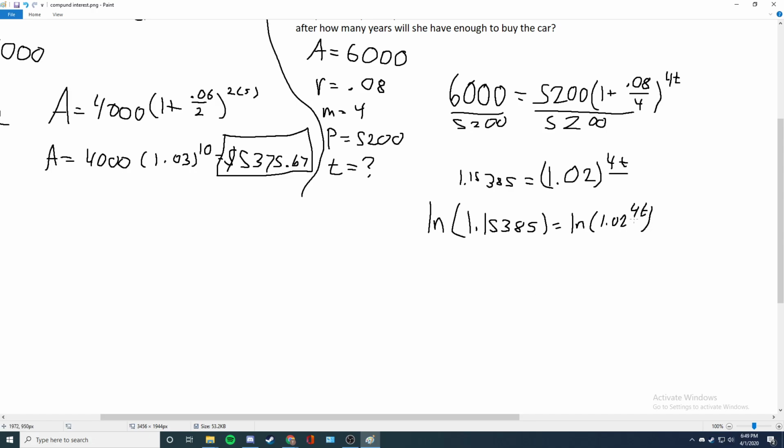And remember, if there's an exponent inside of a log, we can bring it out front and just multiply it. So we have the natural log of 1.15385 equals 4t times the natural log of 1.02. So now we can just solve for t like we usually would by dividing by 4 times the natural log of 1.02.